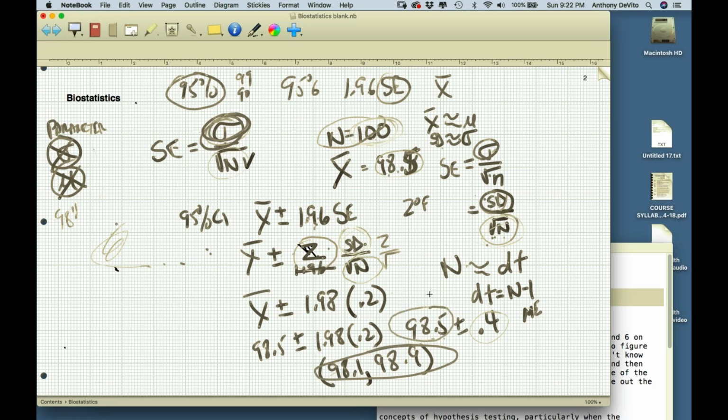The mean of my sample of size 100 was 98.5, but I didn't have any understanding as to how likely it would be that that is close to or exactly the mean. But now at least I can say with 95% certainty that it's within this range.